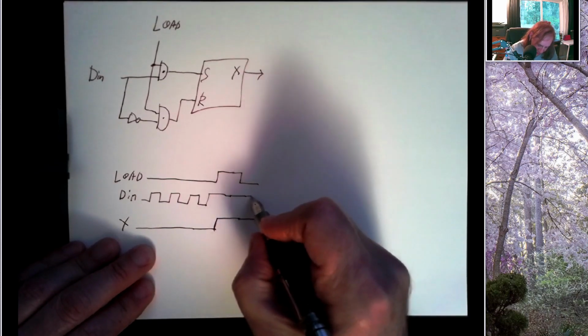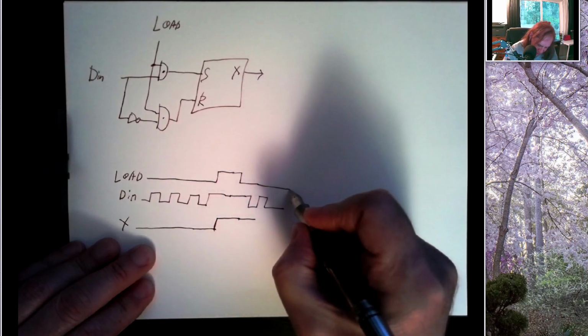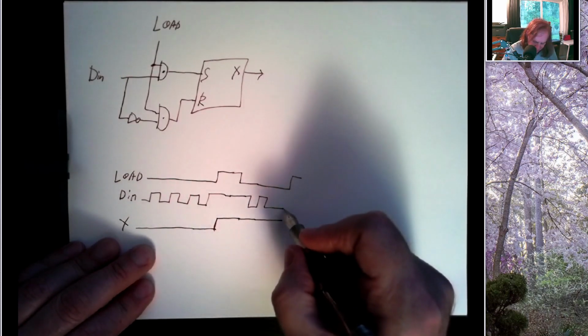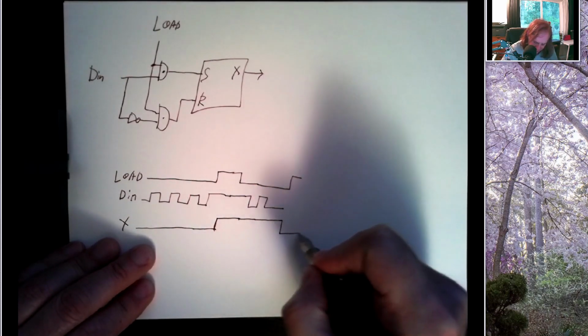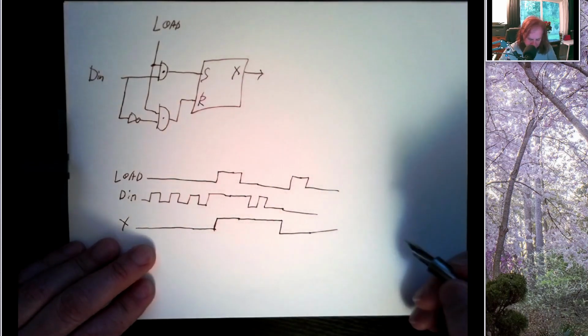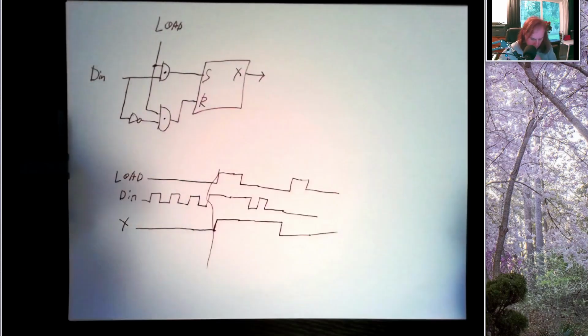And the output X stays high, and changes to data in are ignored until the load line goes high again. And at that point, it looks at data in's low, the output goes low. And then the load line drops. These should all have been lined up, by the way.